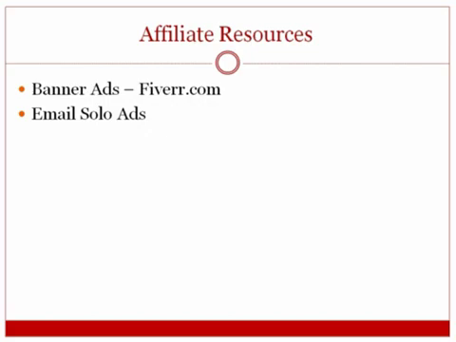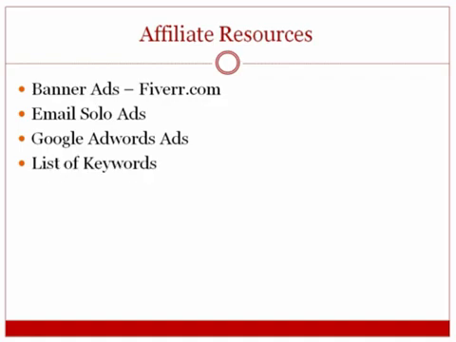You also want to provide email solo ads if you can. If you don't know where to start, a good way to start is simply looking at the headline, the subheadline, the benefits, the problems of the actual sales page. That's one good way of creating an email solo ad. Quick and easy. Google AdWords ads: a list of keywords that people can rank on and promote your product, which is really good, especially if you find buying keywords and you get affiliates to promote on those buying keywords.